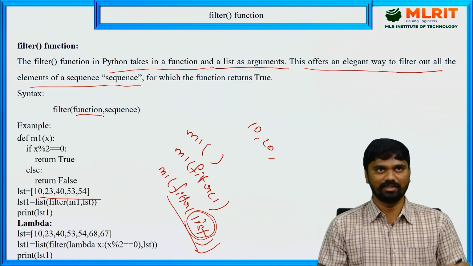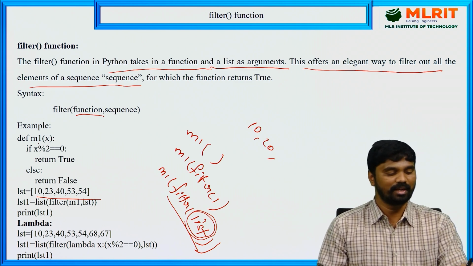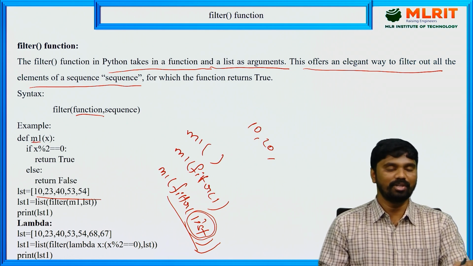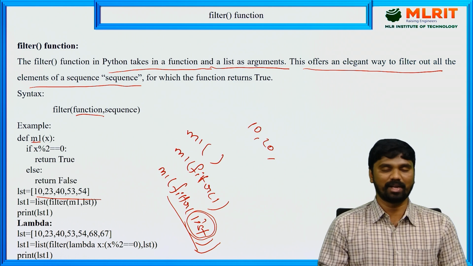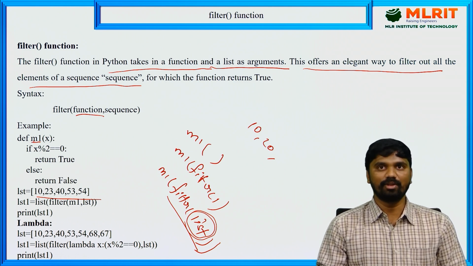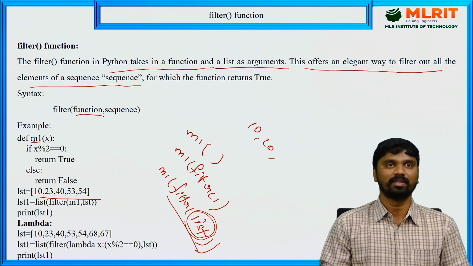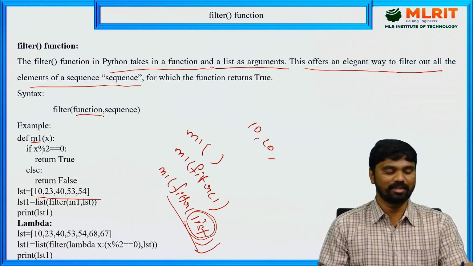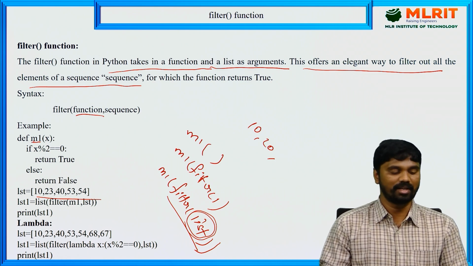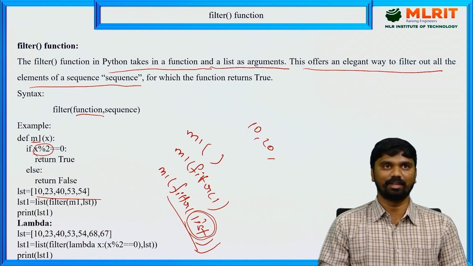Here is the example. First we'll discuss the filter function using normal functions. Here is the m1 function, and into it we pass the parameter x. Whatever value is passed into x is divided by 2; the modulus operator returns the remainder.